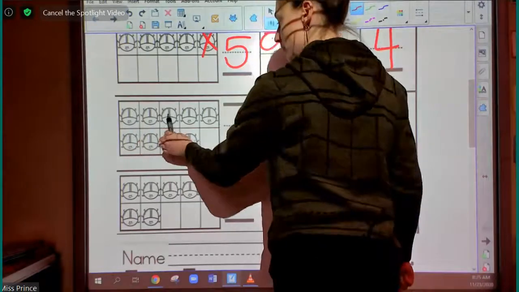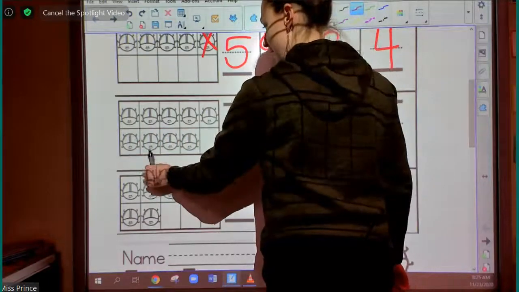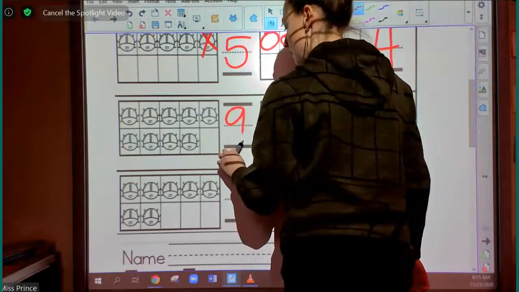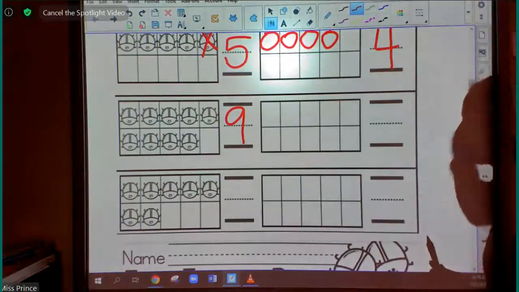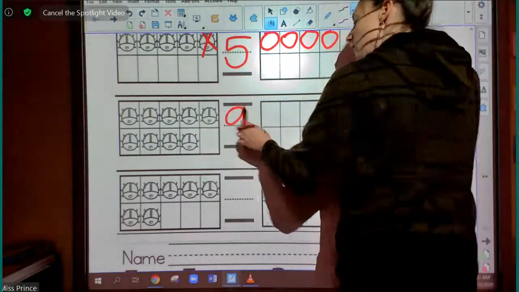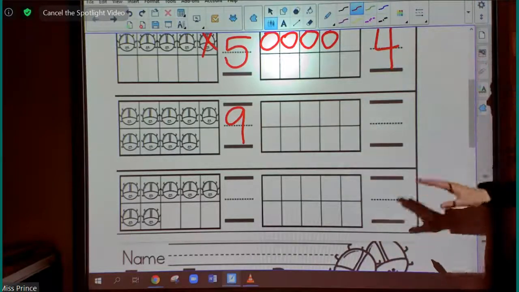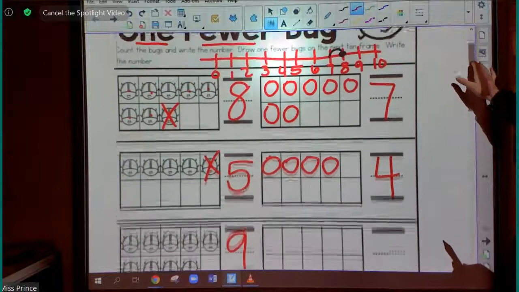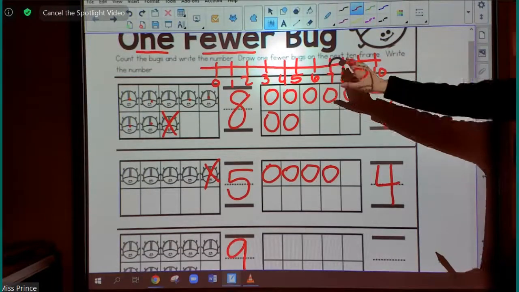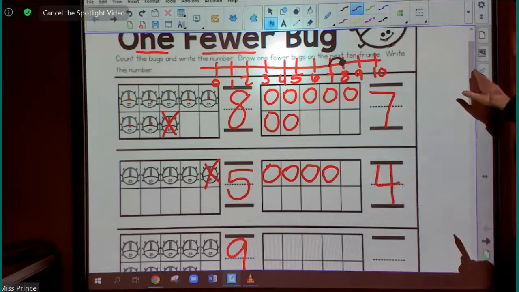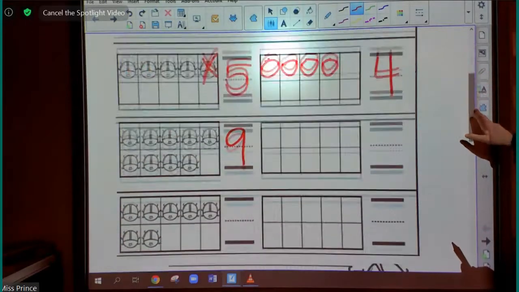1, 2, 3, 4, 5, 6, 7, 8, 9. So, Adrian, if I had 9 here and I want to draw one fewer, how many am I going to draw here? Look at your number line. Start at 9 and just go down 1. 8. Good job.